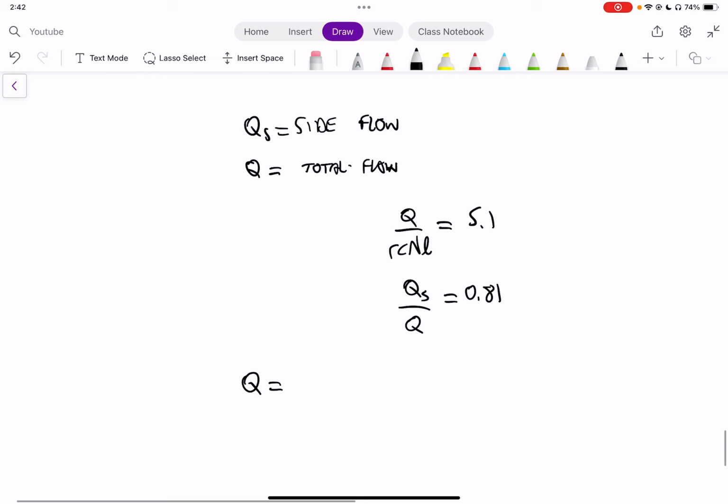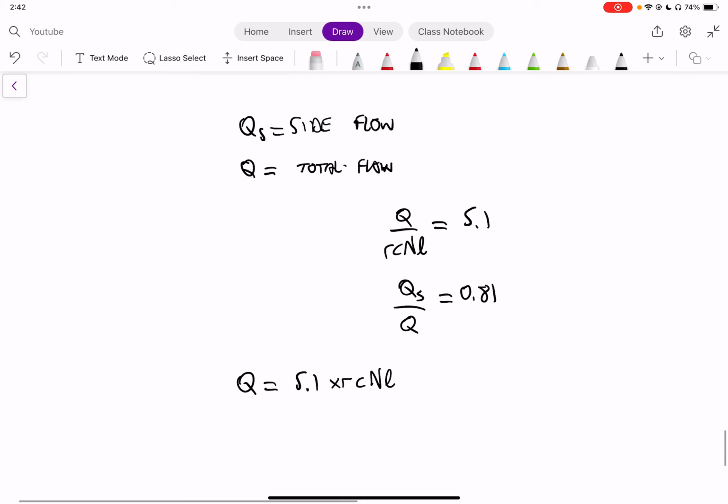So Q is equal to 5.1 times R, C, N, and L. We have all those values. The one thing you have to be careful about is that your N has to be in RPS. The other three can be in millimeters or meters, it doesn't matter, but usually we keep them in millimeters.